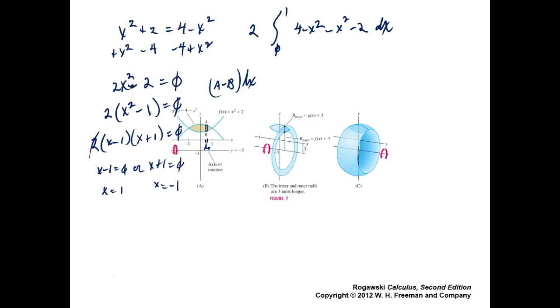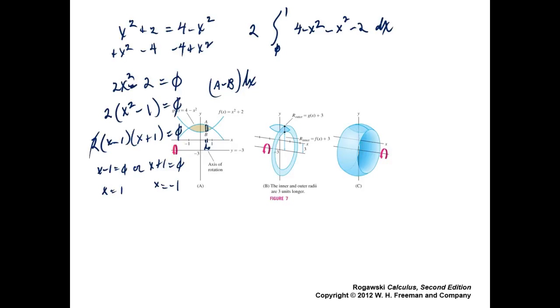So that's going to be the difference between those two radii. And that's what the radius around here is. So it's your g of x.